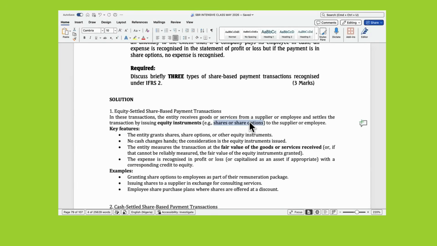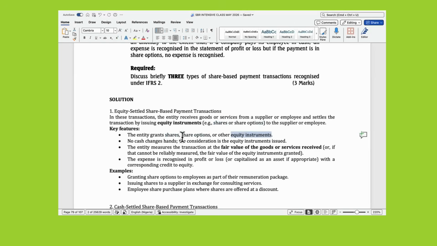But that's equity settled. So the key characteristic of equity settled is that the entity usually gives what they grant. Instead of money, instead of cash, they give shares, share options, or any other equity instrument.